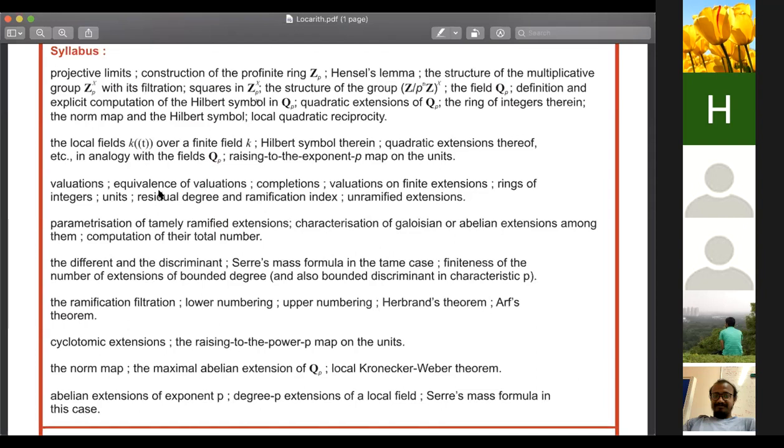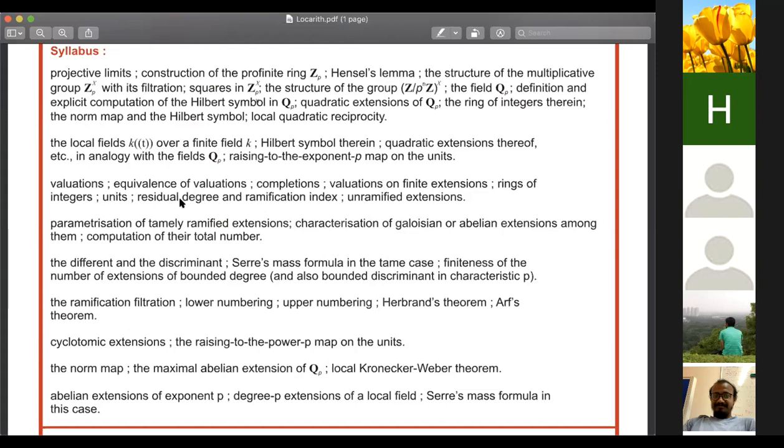Then we'll come to these general notions of valuations, and when are two valuations equivalent? What is the completion of a field with respect to some valuation? How can you extend a valuation to a finite extension of the field? What are rings of integers in these valued fields?